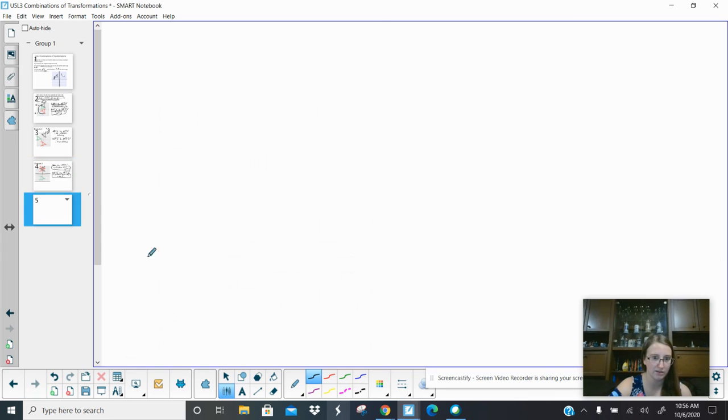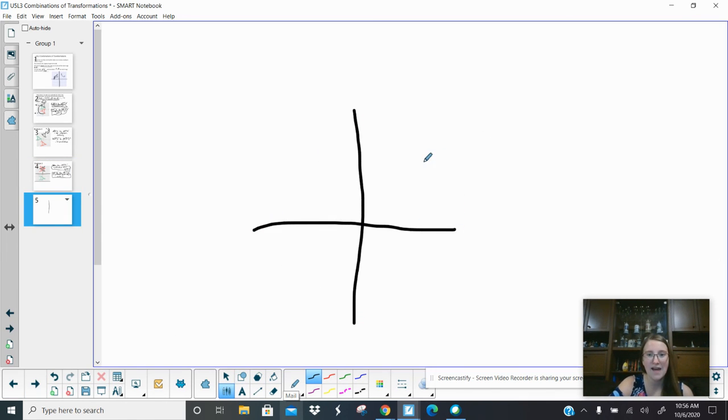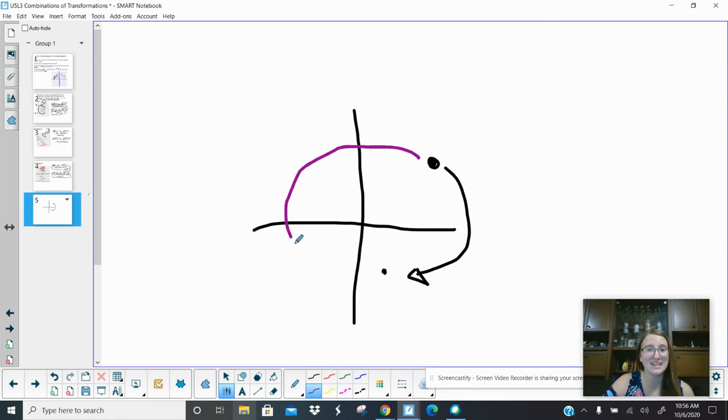So just real quickly, one example here. If I have a point up here and it ends up down here, be careful with your options. This could be two different types of rotations. I'm going to move this over. This is going to be a rotation, but it could be this rotation or it could be this rotation.